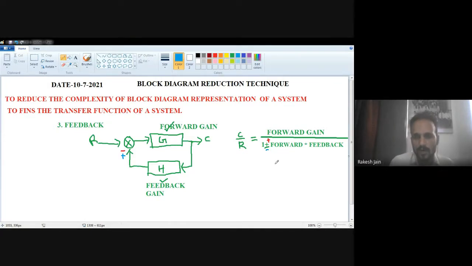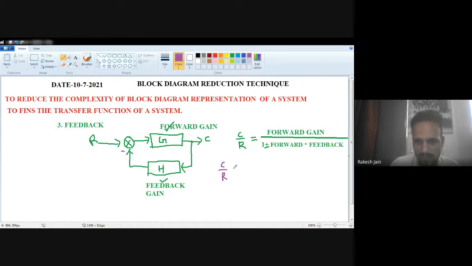Let's suppose the C upon R is equal to, with a positive sign. You should remember only that the opposite sign is used in the formula. So let's suppose here the feedback is with a negative sign. What is the transfer function of this?